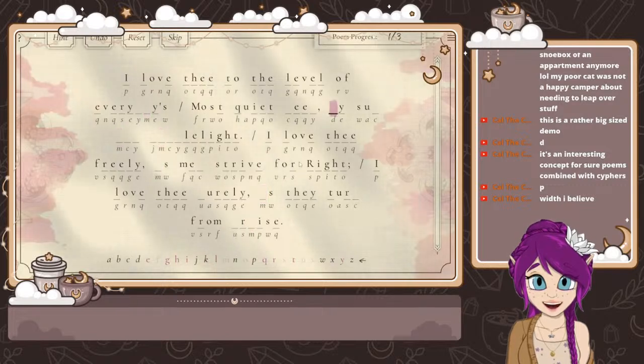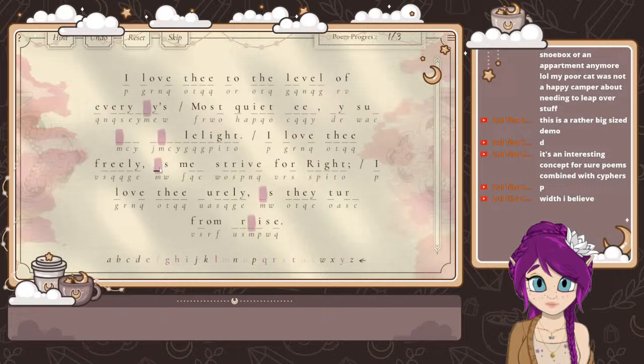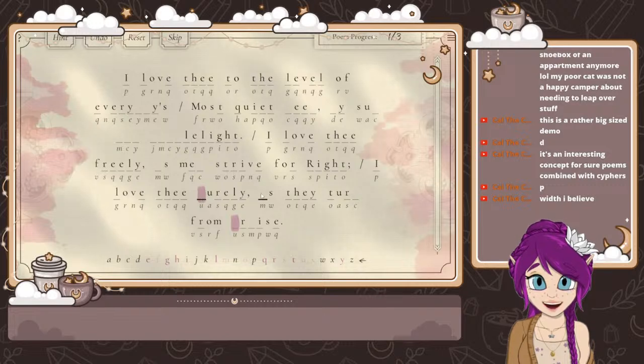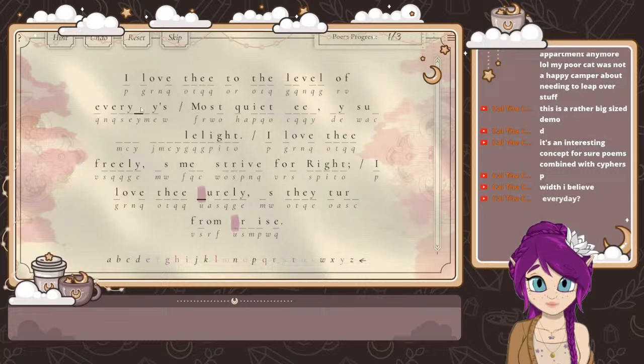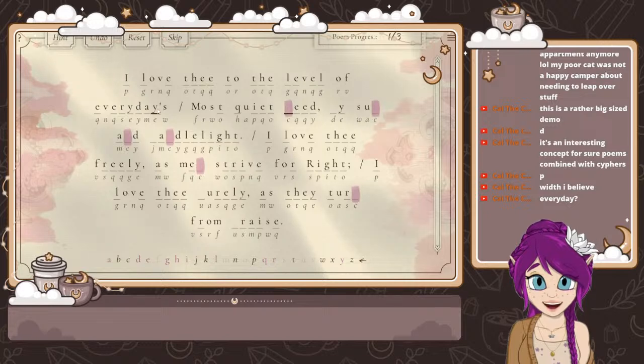No, I can't use M. Surely? I can't use S though. Every day's most quiet. I love thee to the level of every day's most quiet.